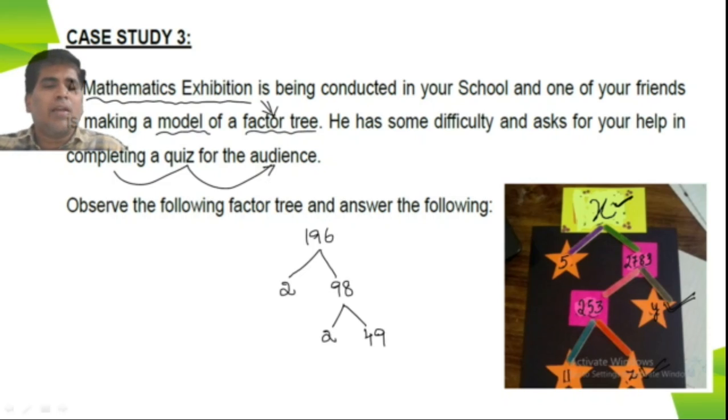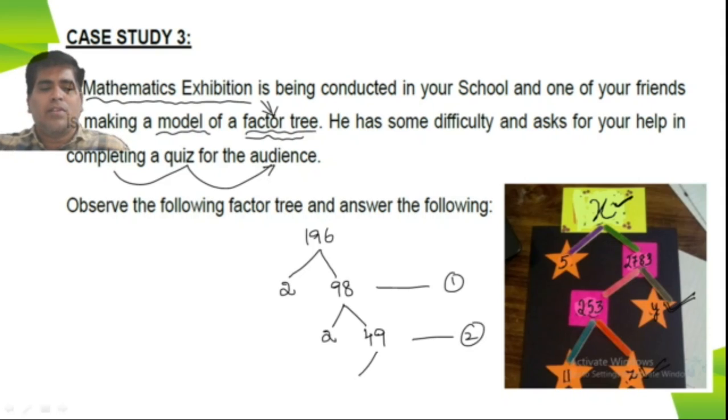This is the mechanism your friend or you have to use in making the factor tree. So 196, in the first step, is 2 into 98. In the second step, I have expressed 98 as 2 into 49.